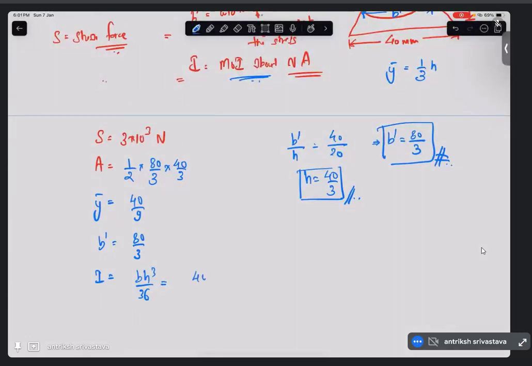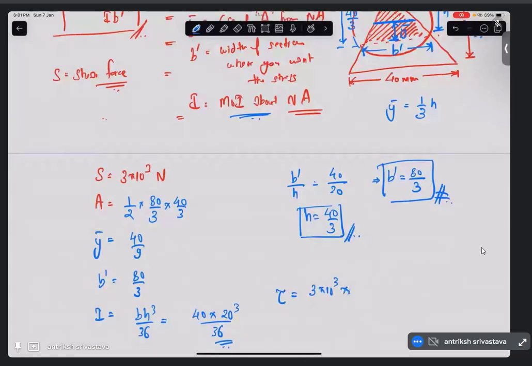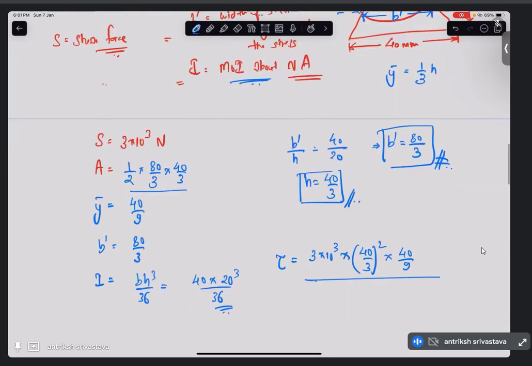B is nothing but 40, h is nothing but 20, cube by 36, that is the moment of inertia. So when you substitute all these values into this formula, you are going to get 3 into 10 power 3 into area, that is 40 by 3 whole square. So if you just simplify this, into y bar, that is 40 by 9 divided by I, that is 40 into 20 cube by 36, and into b dash, that is 80 by 3.